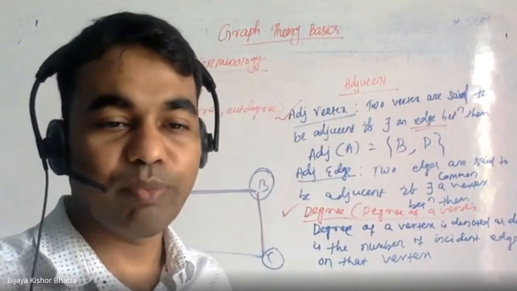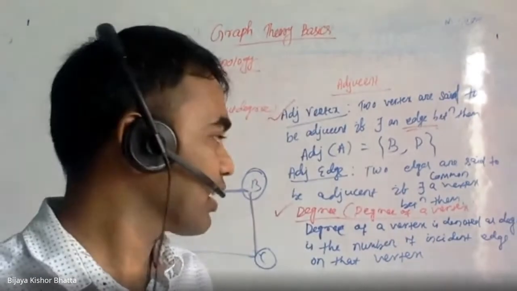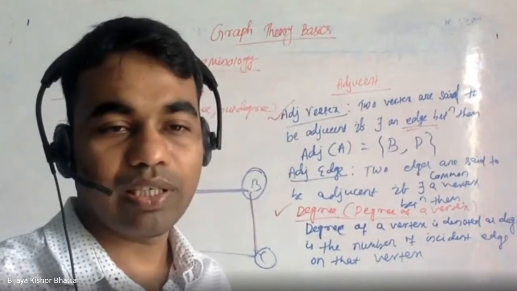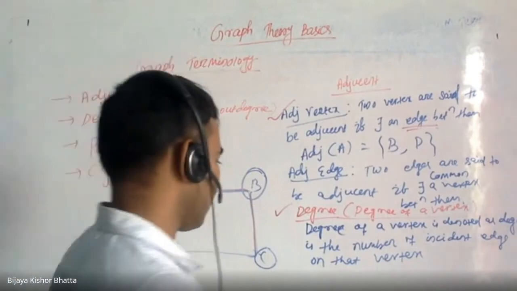So that means how many edges are incident on that particular vertex. Let's take an example.